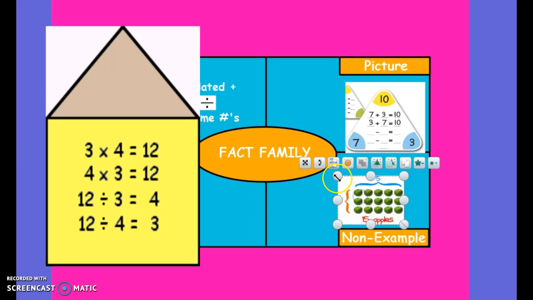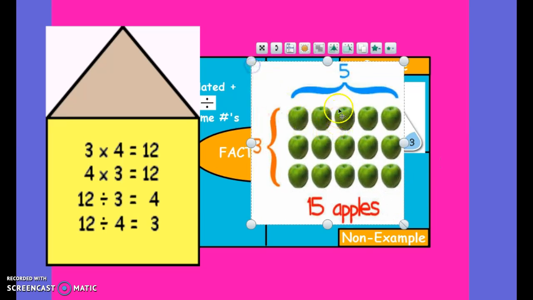And when we have a fact family, we can also call it an array, which is just a picture representation, as we had learned from our last unit. This is the definition of a fact family.